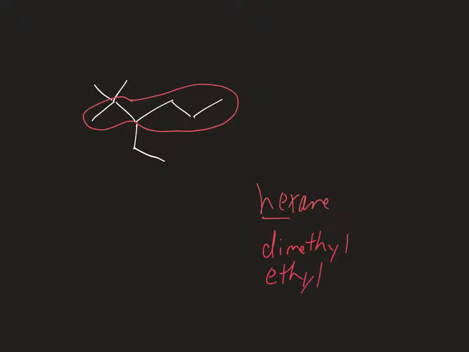So we have the lowest numbers if we numbered it this way. Our dimethyl is 2, 2. They're both on the same carbon. And the ethyl is on 3. Now we've got to do alphabetizing. So M and E, we don't include di, tri, or tetra when we do alphabetizing. E is before M, so it should be 3-ethyl-2,2-dimethylhexane.